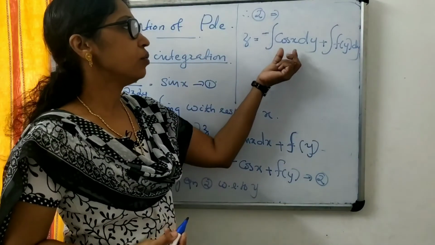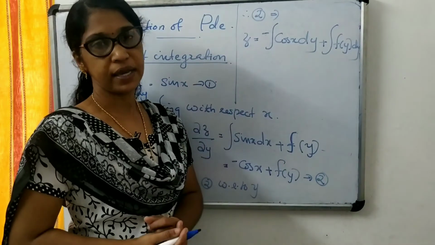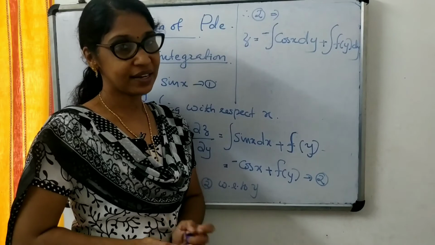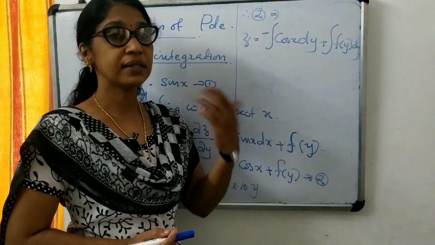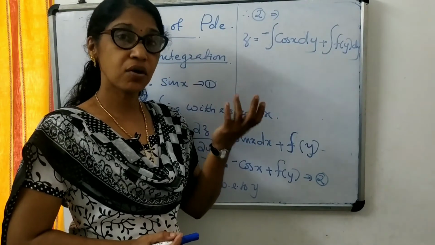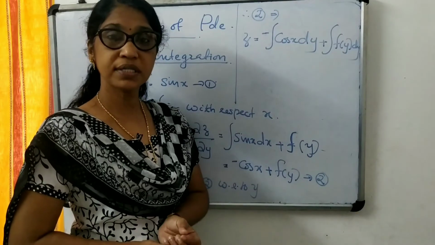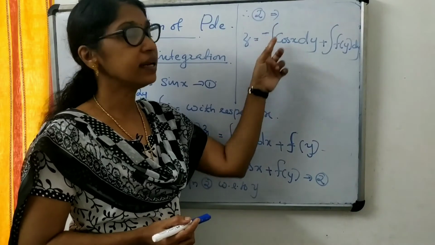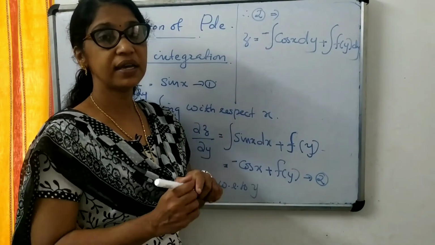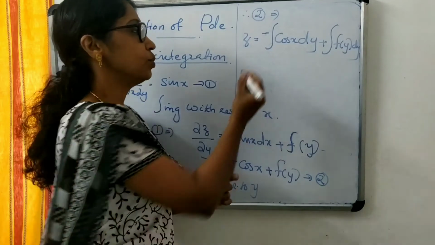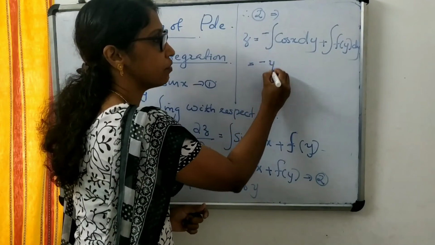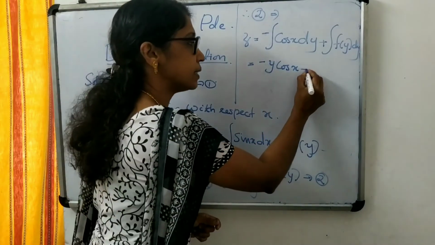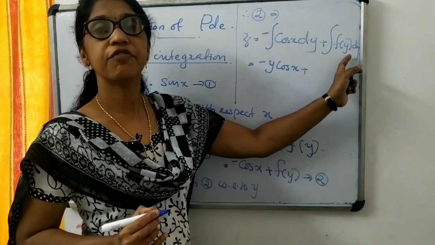Now, how do we integrate cos x with respect to y? While integrating with respect to y, all the other variables are kept as a constant. So cos x is a constant, and we have to integrate integral dy. Integral dy is y. So this becomes minus y cos x.